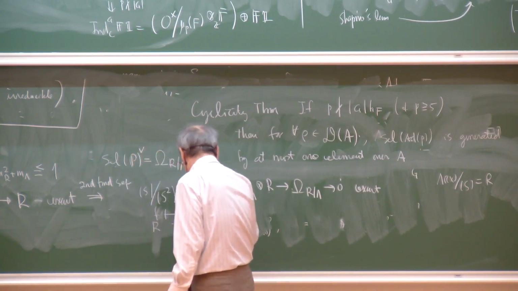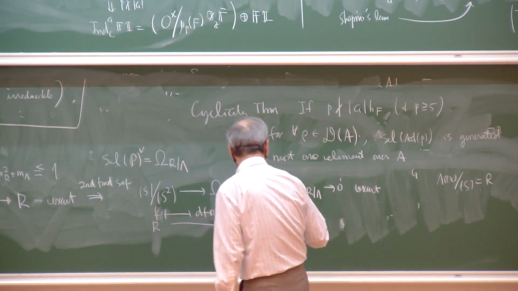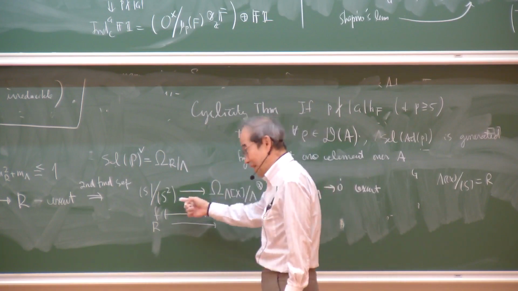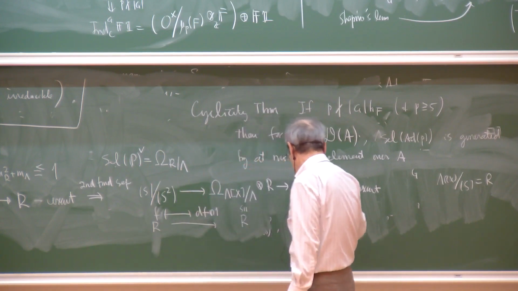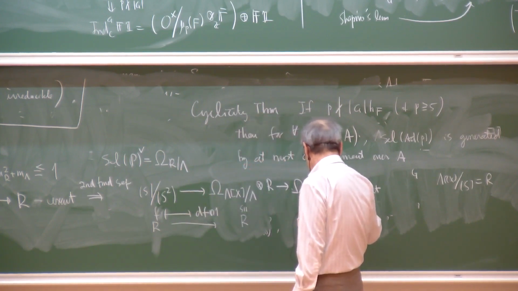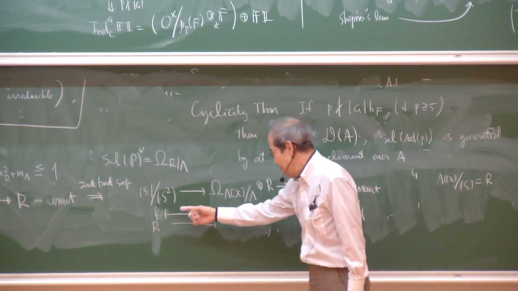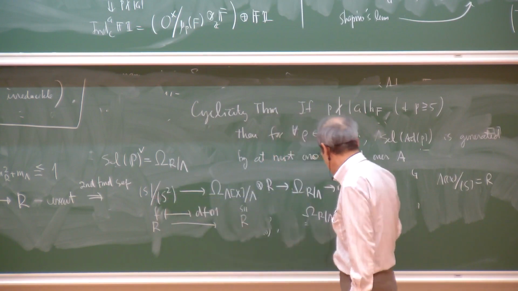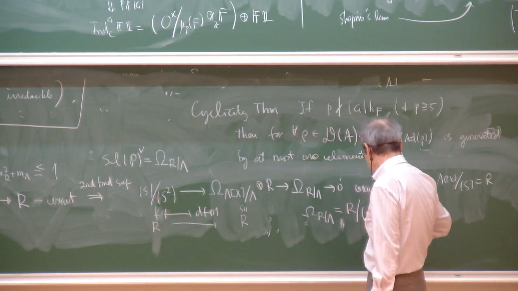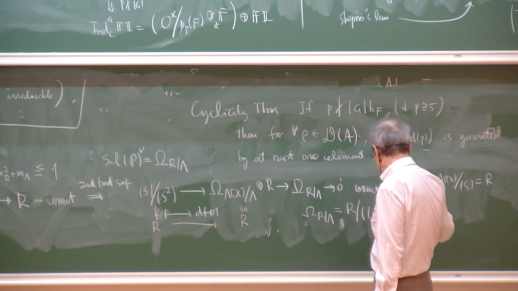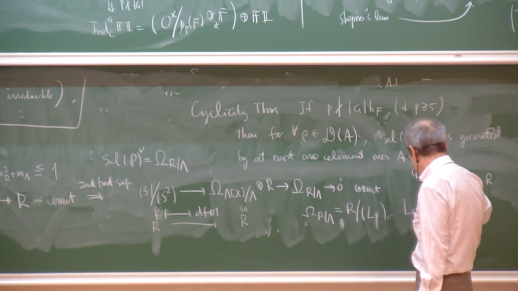Essentially, and you go down here, so that means there's a rank 1 thing. So the omega R over lambda is R modulo something, the image of ds LP. LP is ds.